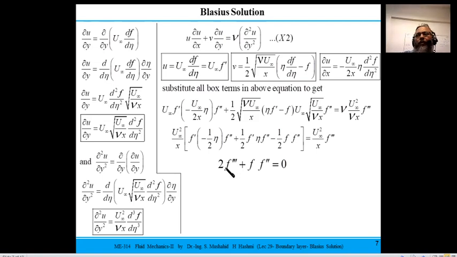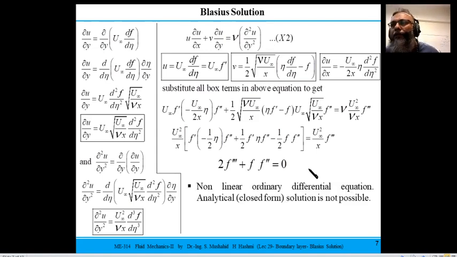So f is only a function of eta, so df by d eta I am working out. Here, instead of x and y variables, by using that similarity variable and converting it into some stream function, and then calculating the velocity component and the velocity gradient, we are in a position to transform this partial differential equation into an ordinary differential equation.